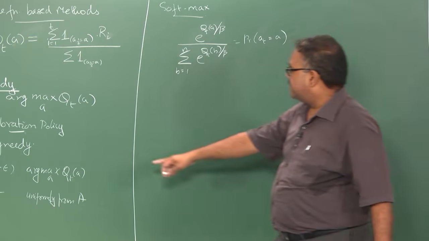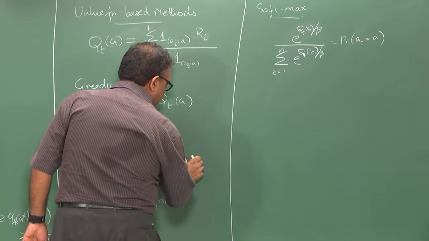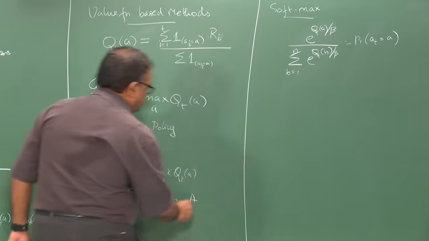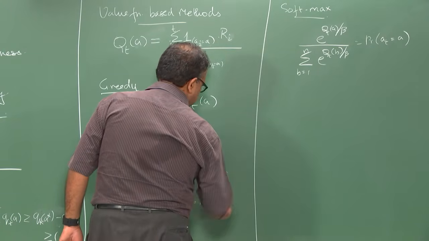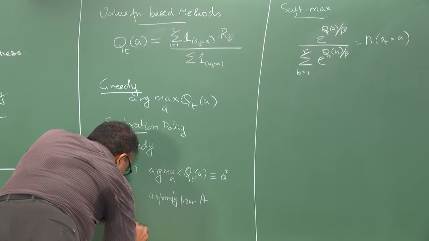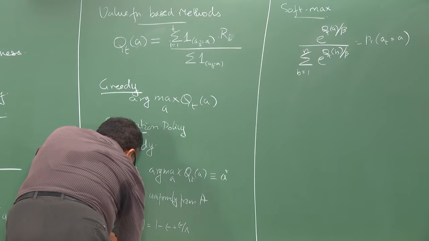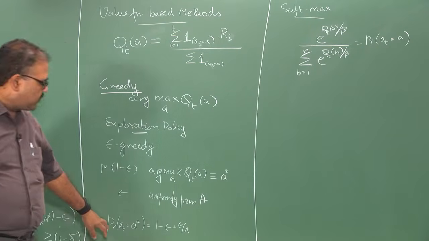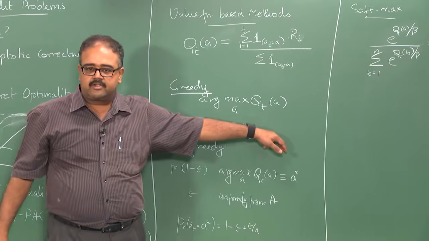And if you think about epsilon greedy, writing it in this notation, the probability of AT equal to A star will be 1 minus epsilon plus epsilon by n, where A star is the greedy action according to the current estimate.